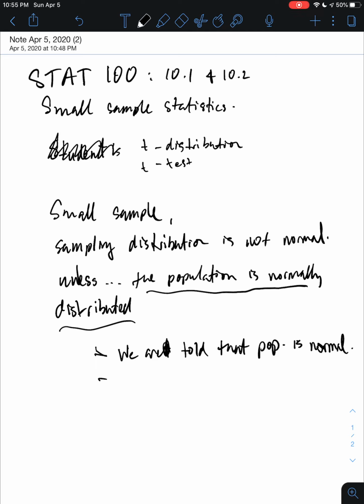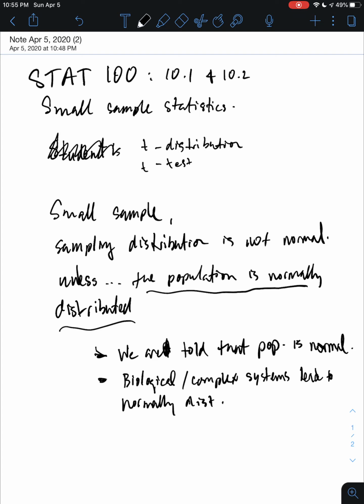Another way we can know whether the population is normally distributed is that often biological or other complex systems lead to normally distributed populations.